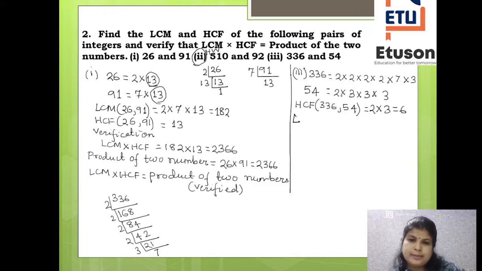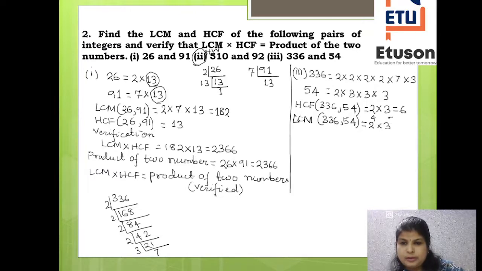What about LCM? You have to take the highest power of each factor and multiply them. So you are going to take 2 to the power 4 into 3 to the power 3 into 7, and the answer is 3024.